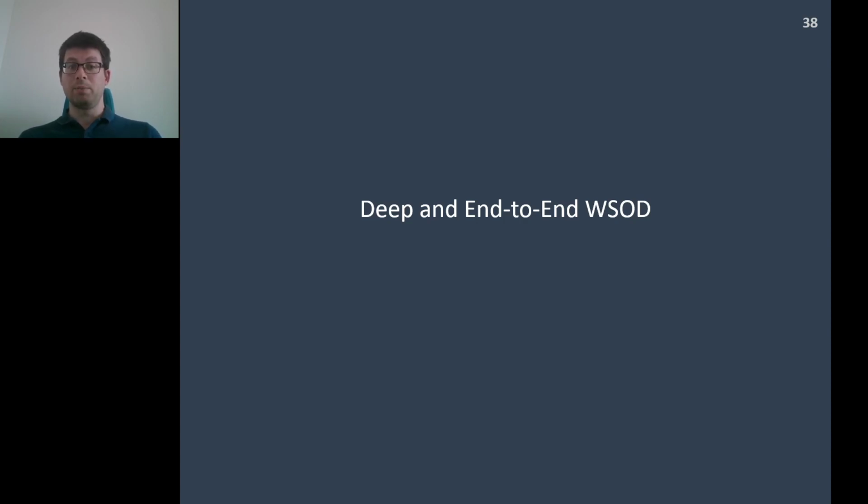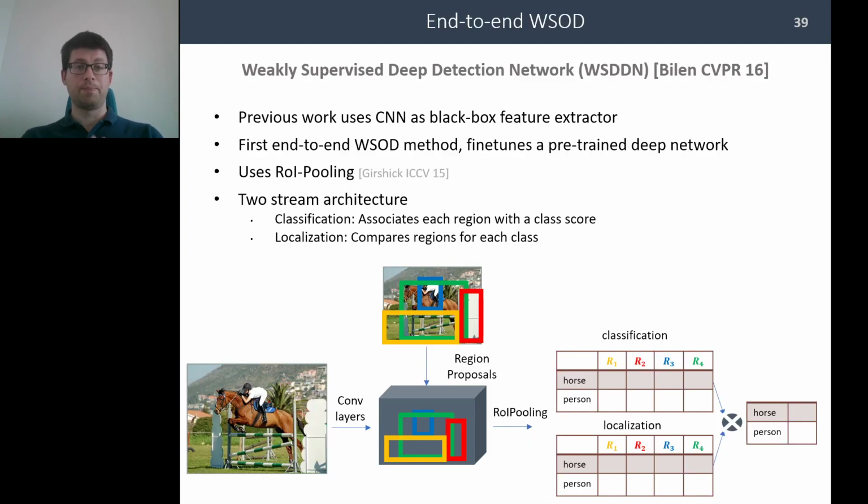A similar trend has been followed in weakly supervised object detection. And the first method that follows this trend is the weakly supervised deep detection network, WSDDN.